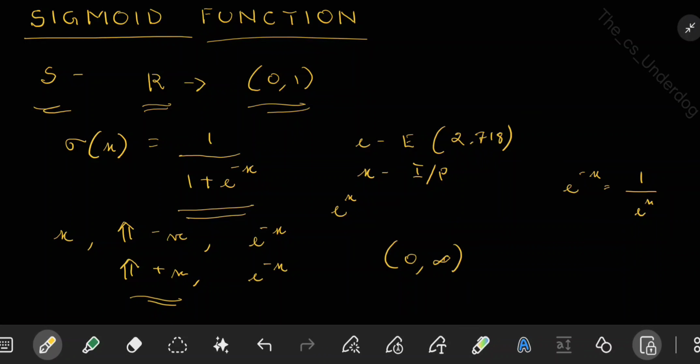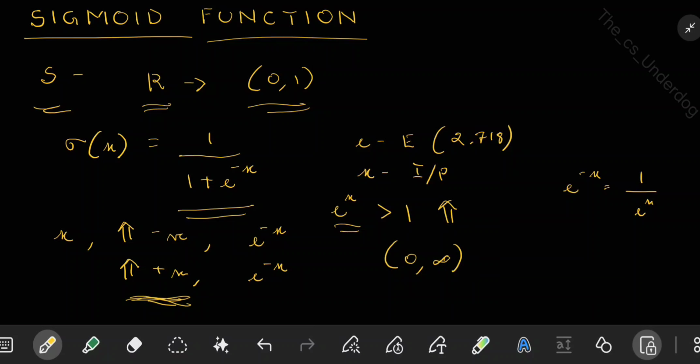So if your x is a very positive and large value, then your e power x will take a value which is larger than 1. Then as x becomes larger and larger, your e power x will also become larger and larger. This is the way it goes.